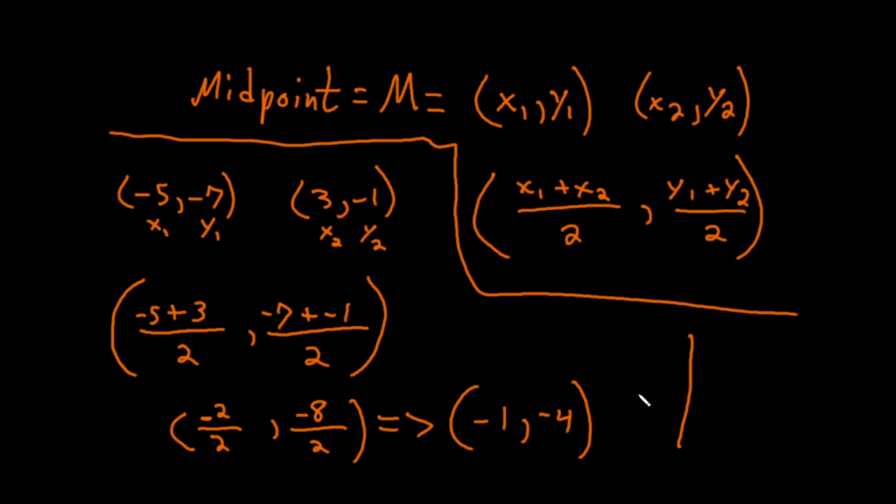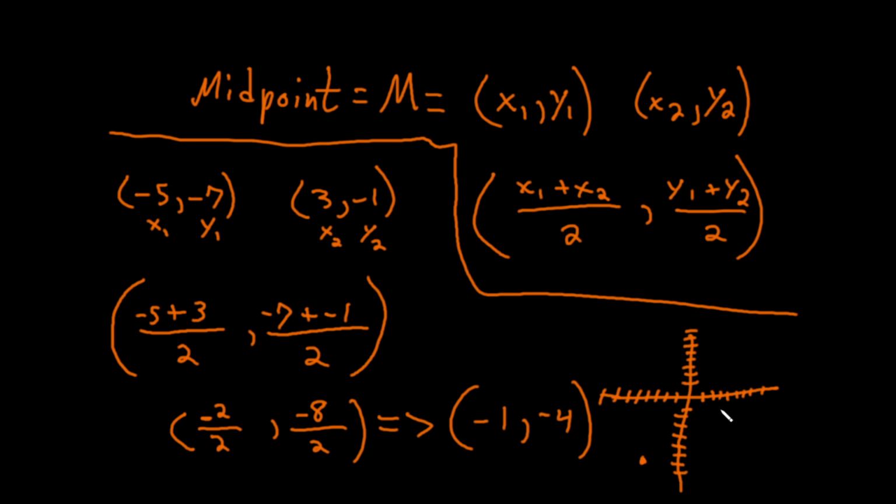If you make a little XY graph, just very quickly, let's plot the original point, -5, -7. So 1, 2, 3, 4, 5, and then 1, 2, 3, 4, 5, 6, 7. That'll be somewhere right here. I'm just estimating, don't mind the scale. And we have 3, -1.